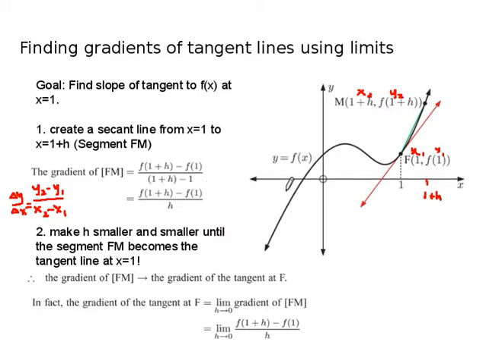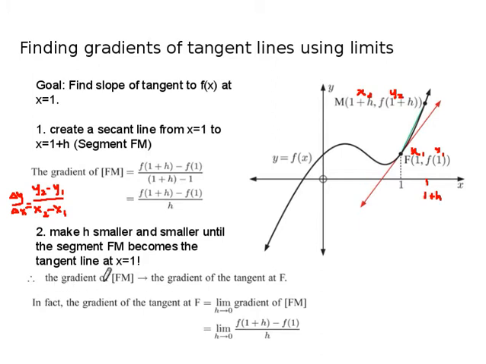Now, since I've left it in terms of 1 and h, I can move this point closer and closer by making h smaller. As I move this closer, I'm essentially making h smaller, and that slope then becomes the slope of this tangent line.